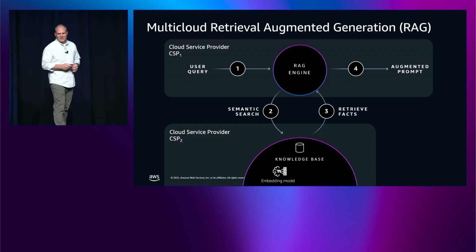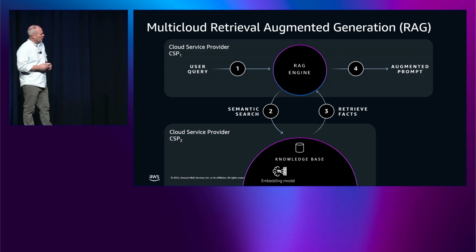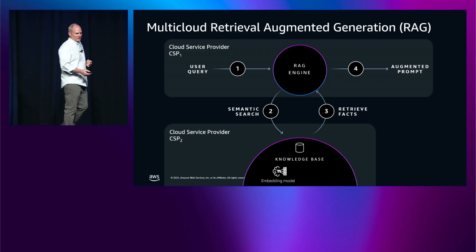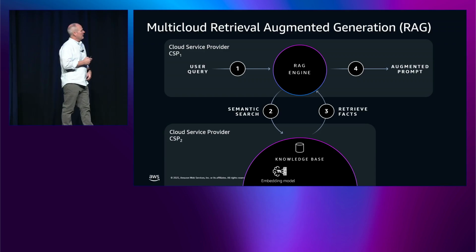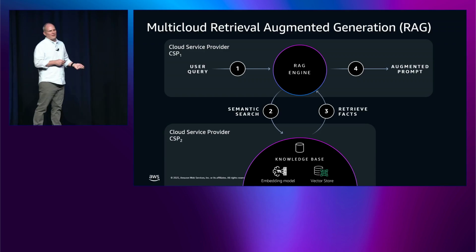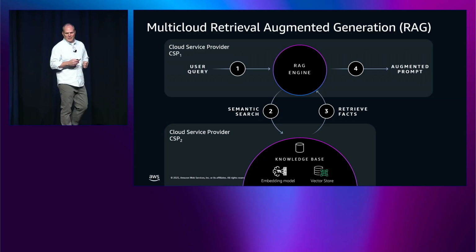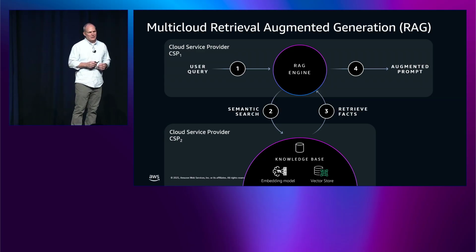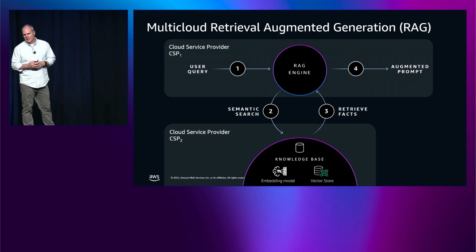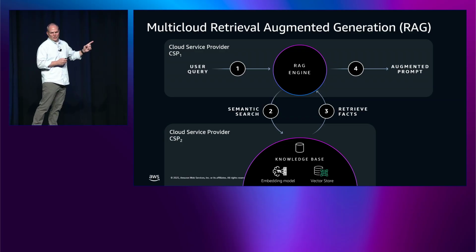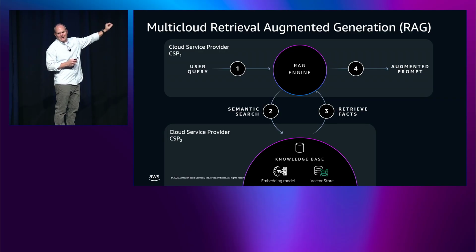But there are some key considerations that we need to be aware of. One is consistency of the embedding model that we're using cross-cloud. And secondarily, the vector store. They don't necessarily have to be the same, but there's opportunity here as we think about highly available systems and resilience, where that vector store could be replicated. We could replicate that data store either on the same vector store on the same CSP, or we could replicate it across.